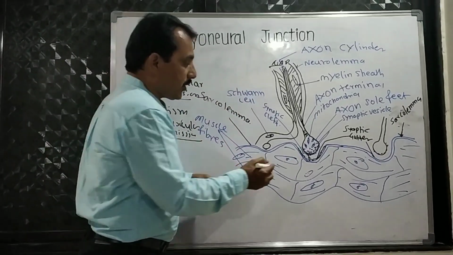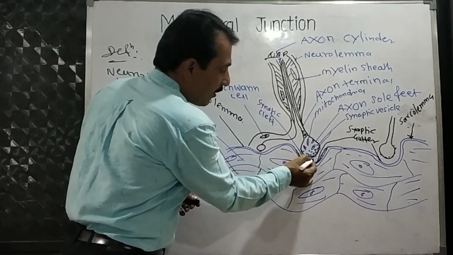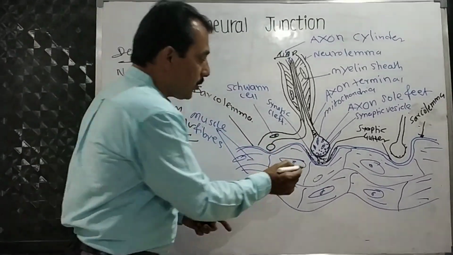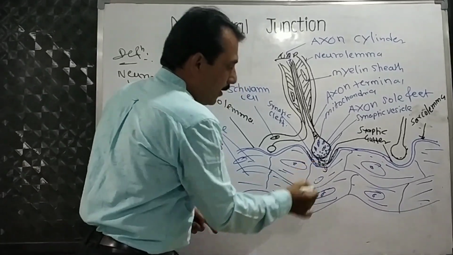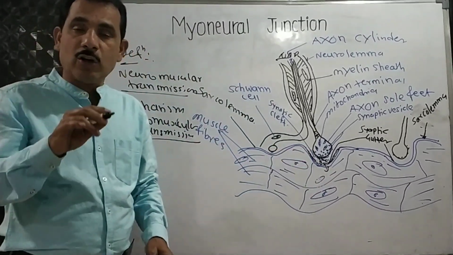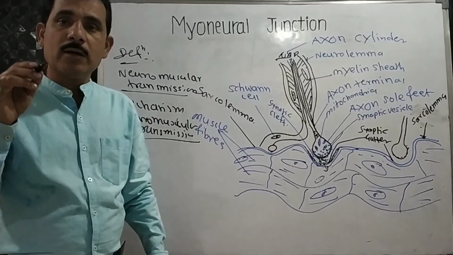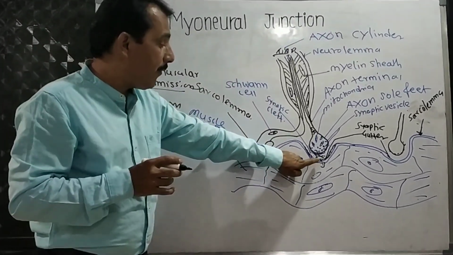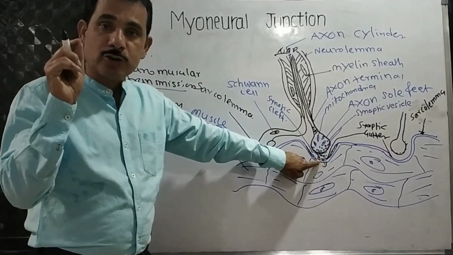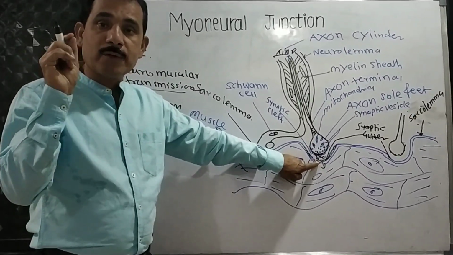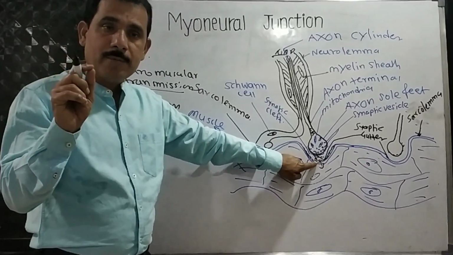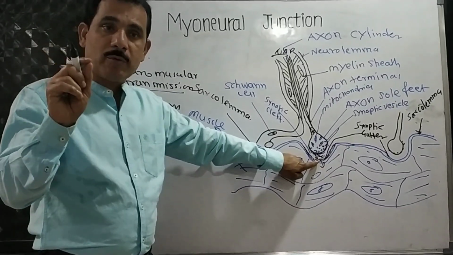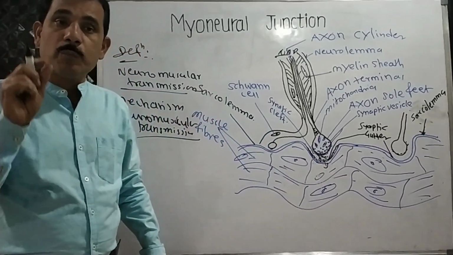Then this acetylcholine causes EPSP, meaning excitation of the postjunctional membrane, causing its depolarization. As soon as depolarization takes place, sodium from the synaptic cleft passes into the sarcolemma. This is called sodium conduction. After excitation of the postjunctional membrane, there is a dislodgement of calcium ions from the postjunctional membrane, causing the opening of the protein pores.